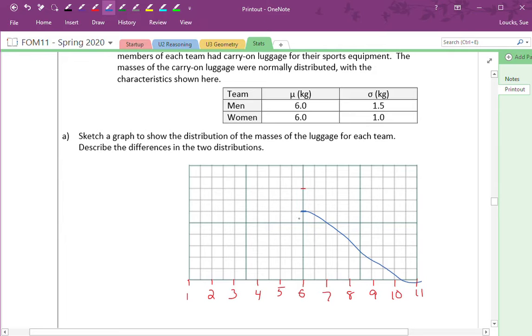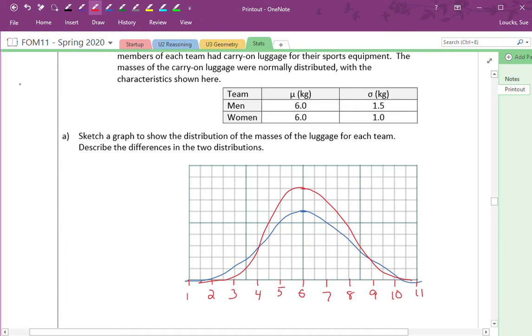Whoops, it's not supposed to go below the curve. And this one's going to curve like that. You can tell those are symmetrical, right? Okay, and the women's is a little bit higher and it's going to curve down like this. The area under the curves should be the same for both graphs, okay? Not particularly good, but that's the gist of it.